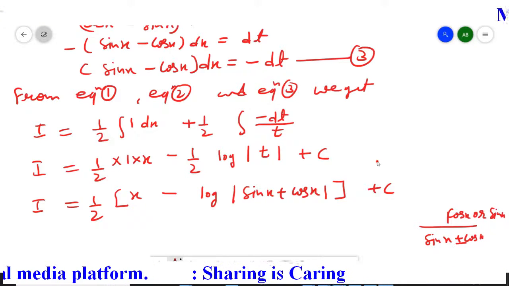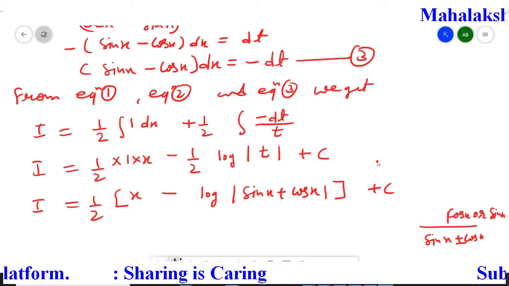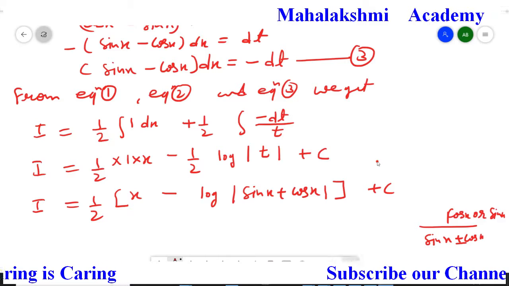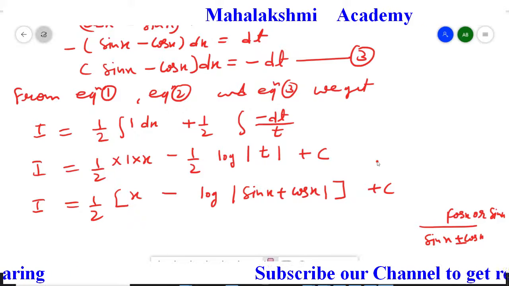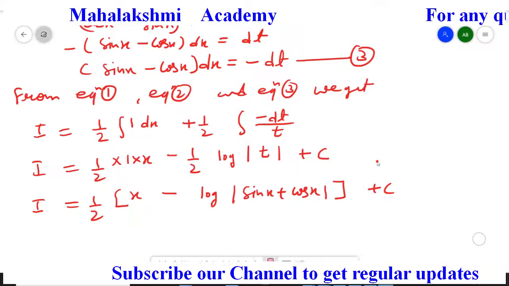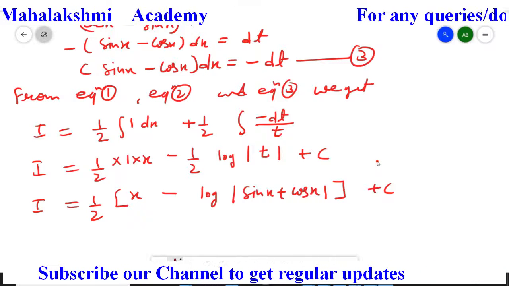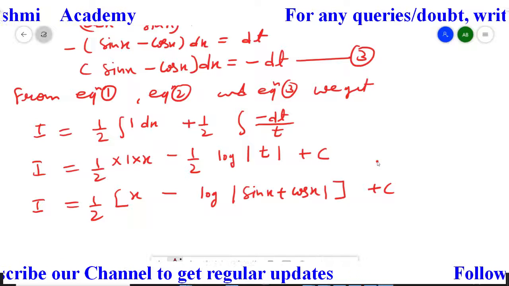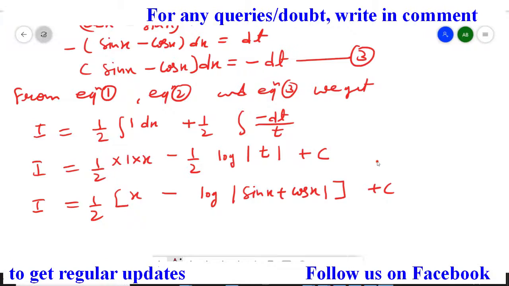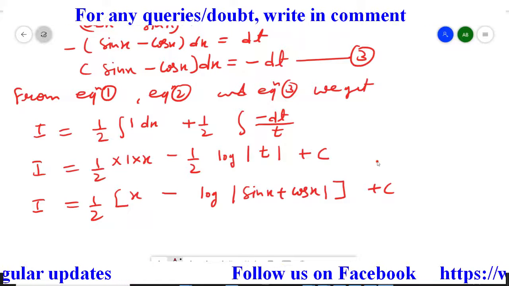In this kind of integration, you have to create what you have in the denominator the same in the numerator also, but by multiplying and dividing by 2, just convert the complete integration into two parts, first part and second part, and then you just use the substitution method. So it is a very important pattern of integration.